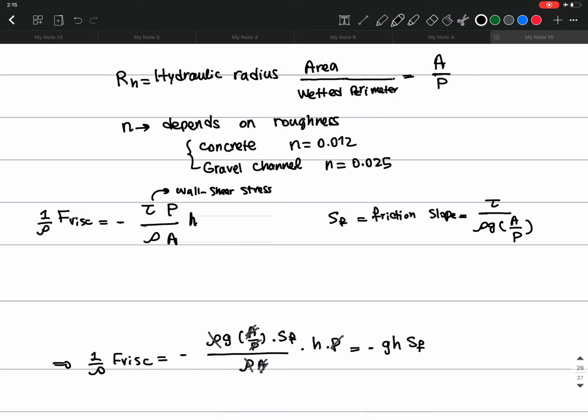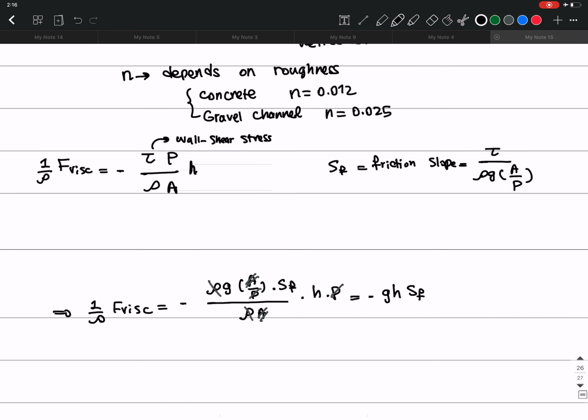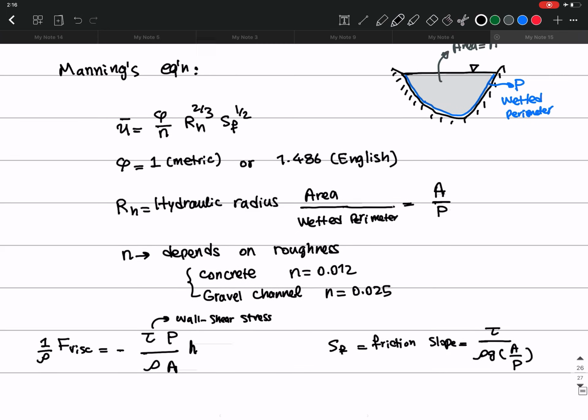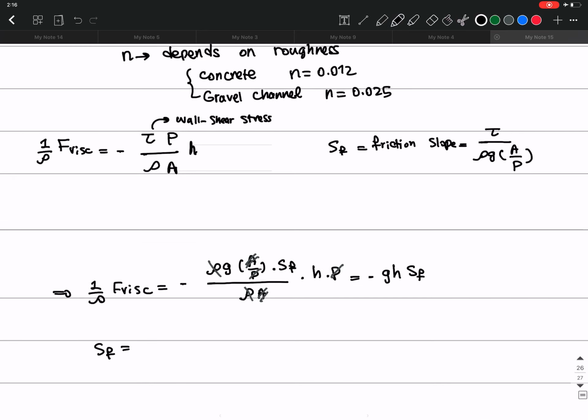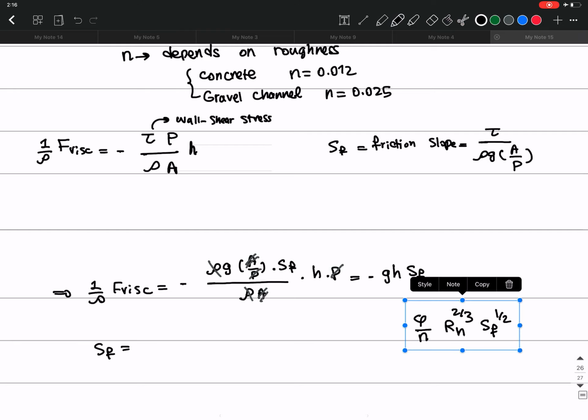So in other words, a simpler way to show it is that this viscous force is we just multiply gH times this friction slope, right? Then this friction slope is going to give us how much friction we have in the system. And for friction, I'm going to use Manning's equation from here. So let's see what it was. So this is Manning's equation.